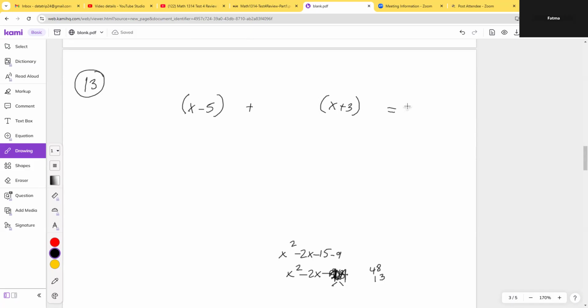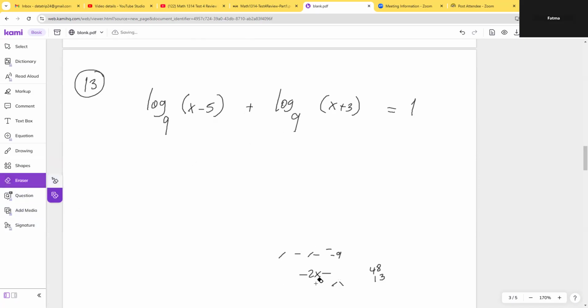This is going to work. I want to put a 1 here, and then I want to put log base 9, and then I'm just going to erase my work here. I hope that the numbers I just made up in the air work for the problem.